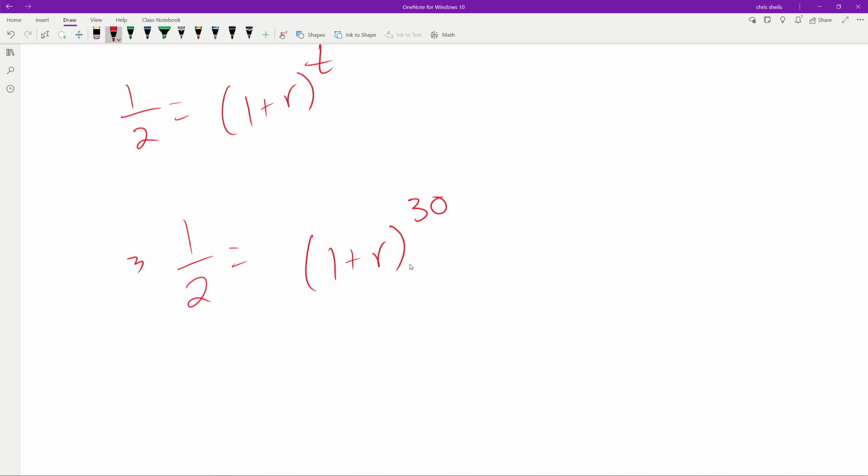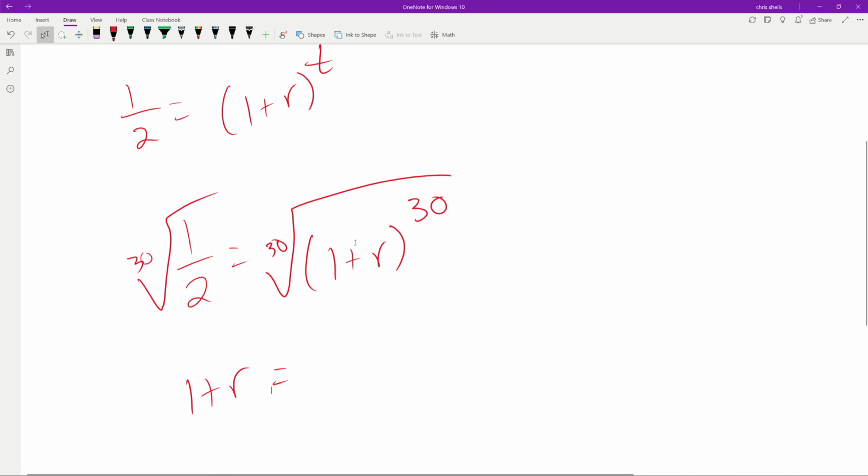And now we can take the 30th root of both sides, or alternatively raise both sides to the 1/30th power, to get that 1 plus r is equal to the thirtieth root of 1/2. I'm getting 0.9772. It's about 0.9772.